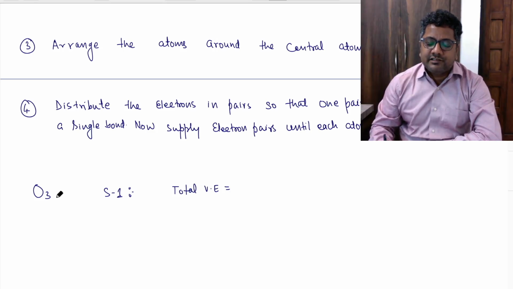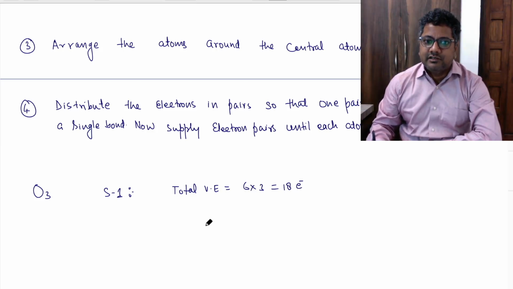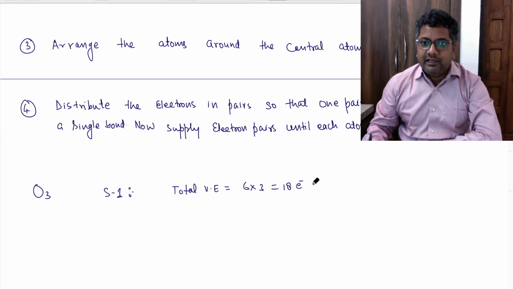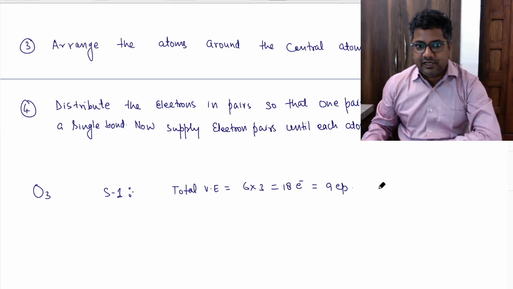In the valence shell 6 electrons are there. So 6 into 3 is equal to 18 electrons, so total 18 valence electrons. How many electron pairs? 9 electron pairs we have, right?